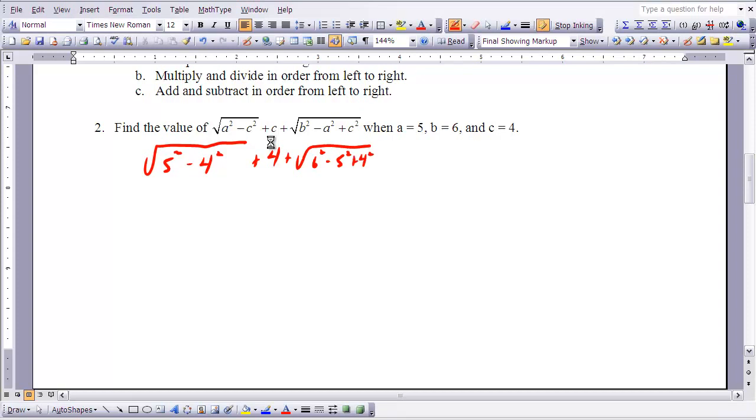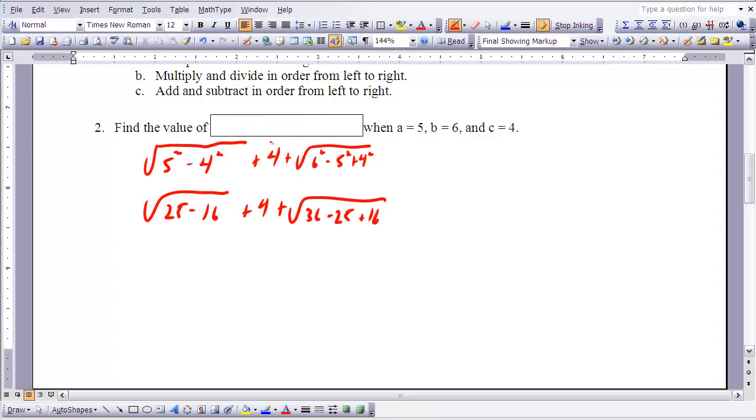Now we need to simplify the stuff underneath the radical. And to do that, I have the square root of 25 minus 16 plus 4 plus the square root of 36 minus 25 plus 16.